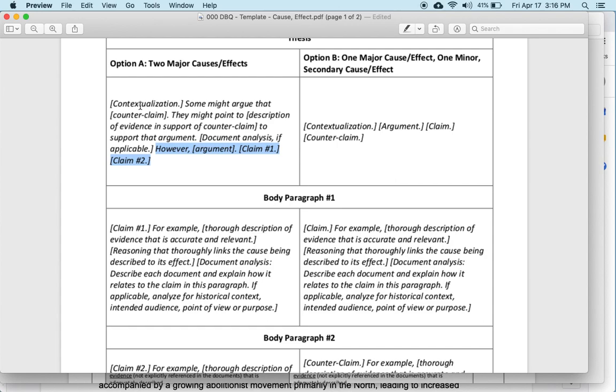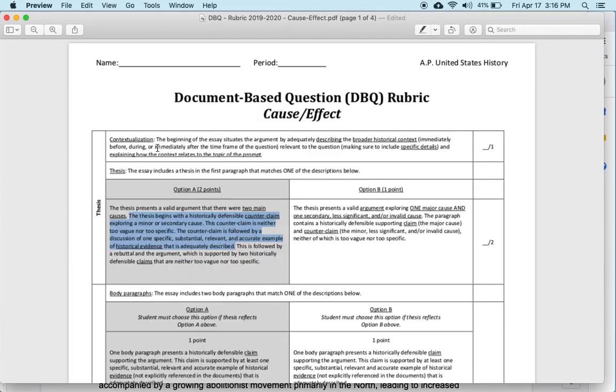But now I'm going to provide a blueprint of my argument for this essay, which is the part that begins typically with "however," and I make my argument. In doing so, I also provide 2 historically defensible claims.